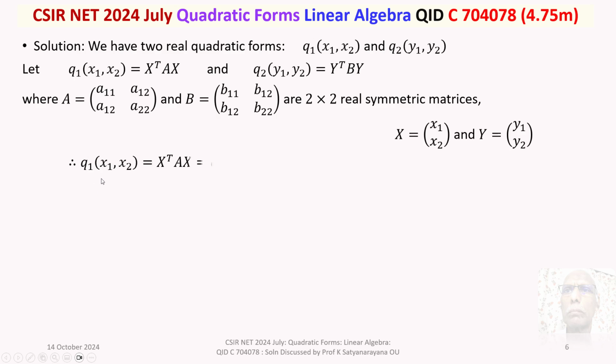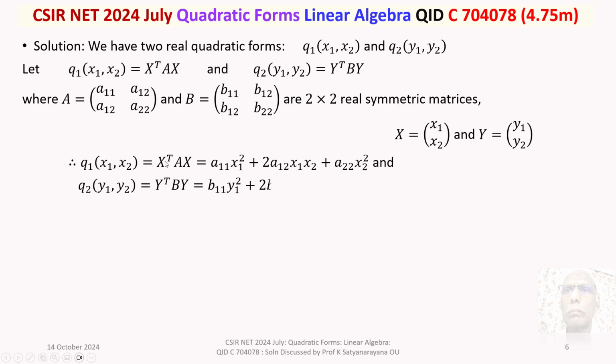Q1 of (x1, x2) is X transpose AX, which when expanded gives a11 x1 square plus 2a12 x1x2 plus a22 x2 square, a quadratic form. And Q2 of (y1, y2) is Y transpose BY, which is b11 y1 square plus 2b12 y1y2 plus b22 y2 square.